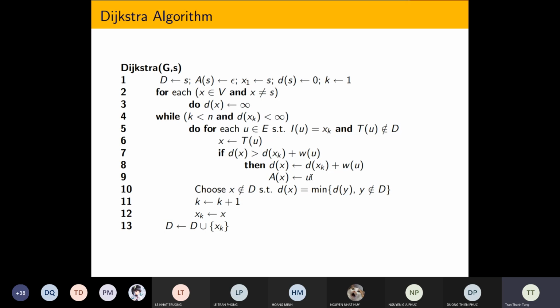After we finish the for loop here, we select the x out of D such that the distance of x is minimum among all of the vertices out of D, and we use it as the next value to consider.